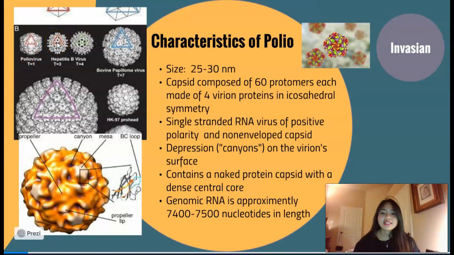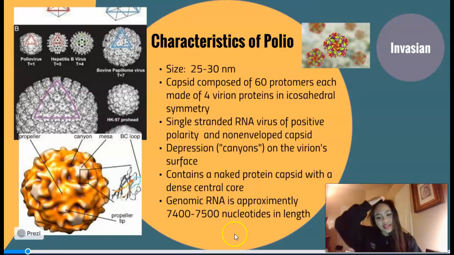The poliovirus is a single-stranded RNA virus with positive polarity and a non-enveloped capsid. In this image you can see depressions, otherwise known as canyons, on the virion surface, which is pretty cool actually. And its genomic RNA is approximately 7,400 to 7,500 nucleotides in length.